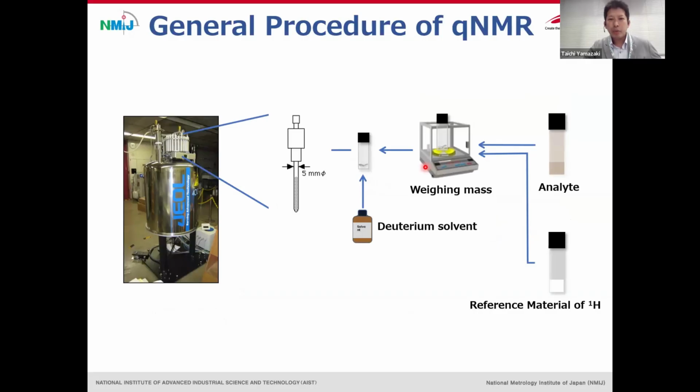So this is the general procedure of qNMR. This shows the case of the internal standard method. At first, we weigh the mass of the analyte and the reference material, dissolve them in a deuterated solvent, and the prepared solution is measured.